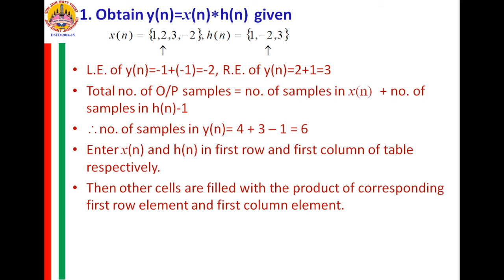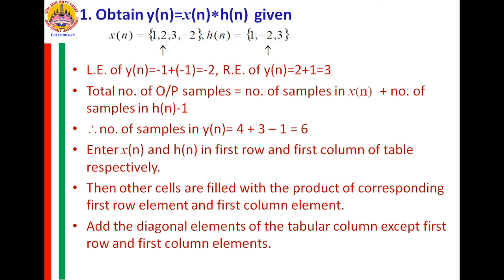In that particular cell, you observe what is its first row element and what is its first column element, and you have to multiply them with each other and enter the product in that cell. Once you enter all the cells with the products, then add the diagonal elements of the table, except the first row and first column elements.